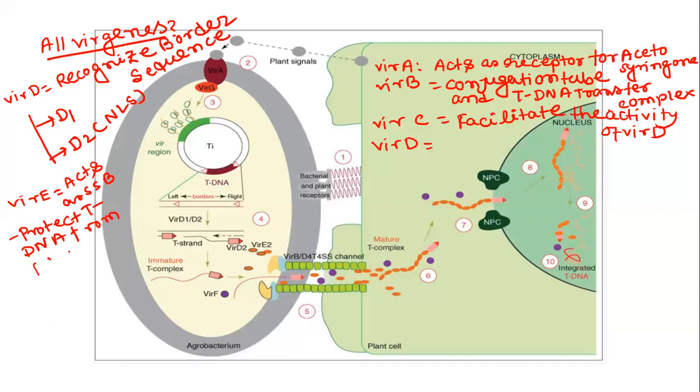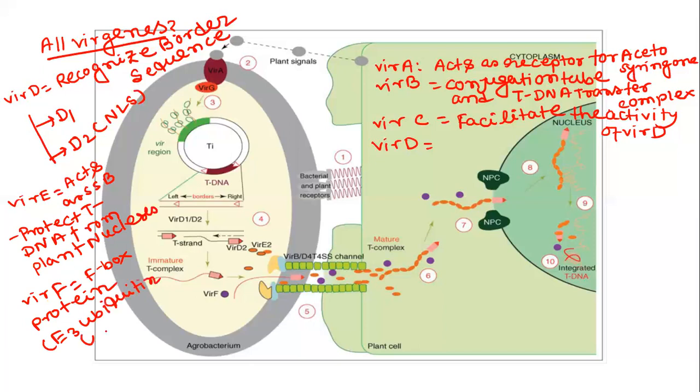And vir F is an F-box protein. It's an E3 ubiquitin ligase.